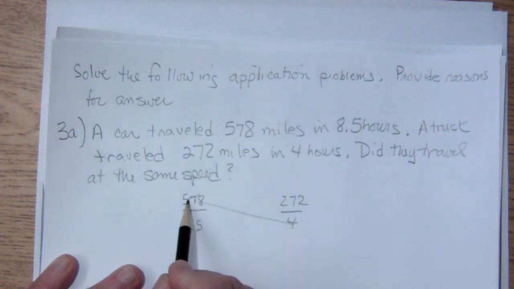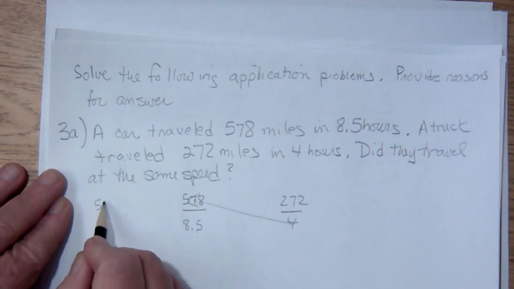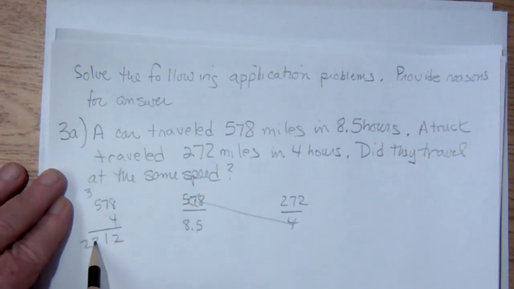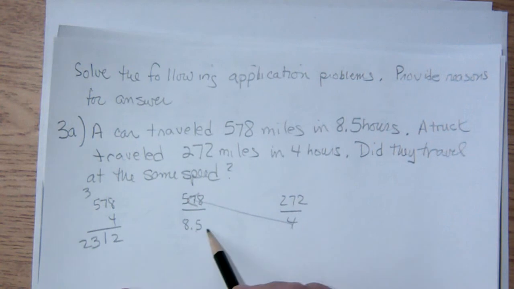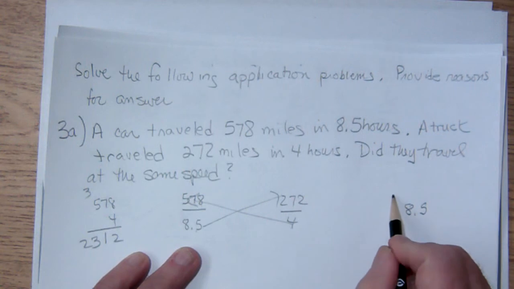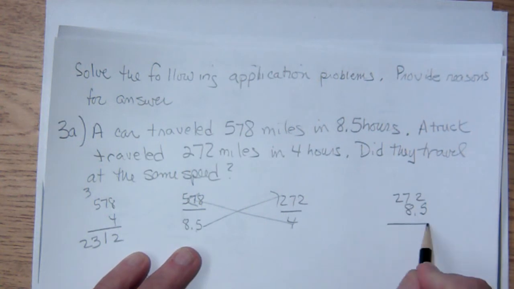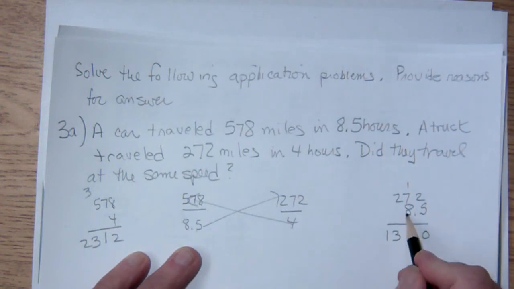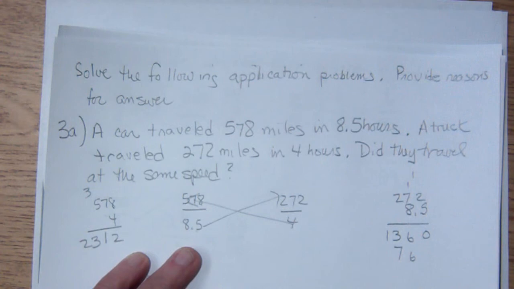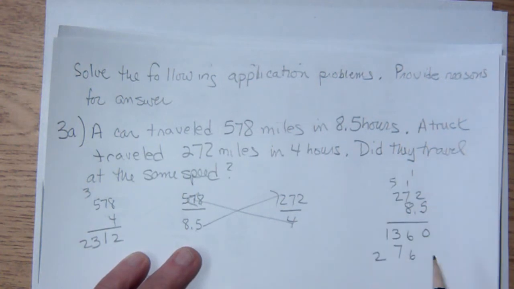When I multiply this way, we're going to have 578 times 4, and I get 2312. The other way, what I get when I take this times this, I have 8.5 times 272. So that is going to be 10, carry the 1, 6, carry the 3, and I get that. This times this is going to be 16. I am carrying 1, and that is going to be 7, and I will carry the 5, and I will get 2, 1.